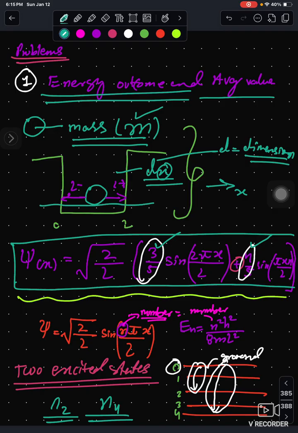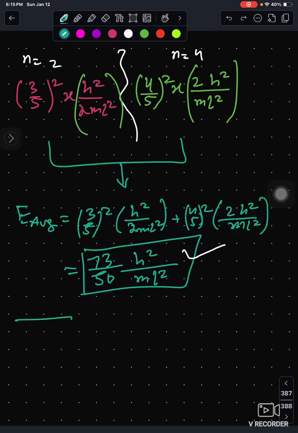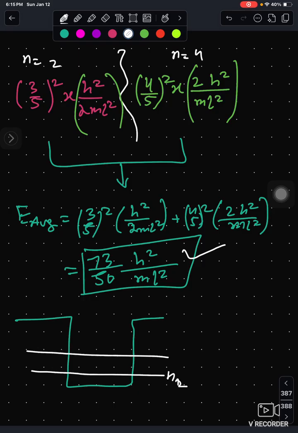So that means it's the energy level, right? Wait, I think I just understood what this is actually about. We're talking about energy levels. This is n1, I mean n2, or to be exact, this is n0, this is n2, and this is n4.